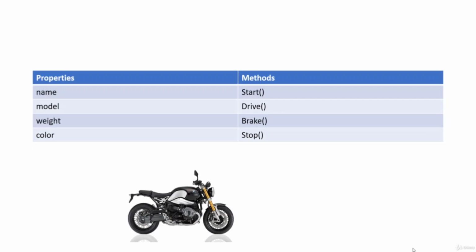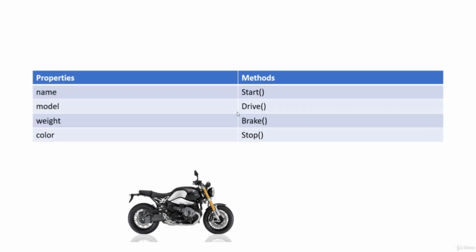But the methods, which are the behavior of the object, are the same: two motorbikes can start, drive, brake, and stop. They are responsible for invoking the methods at different times, but they have different properties. Two different objects will have different names, models, weights and colors, but in the case of the methods or behavior, they can start, drive, brake, stop at different times.